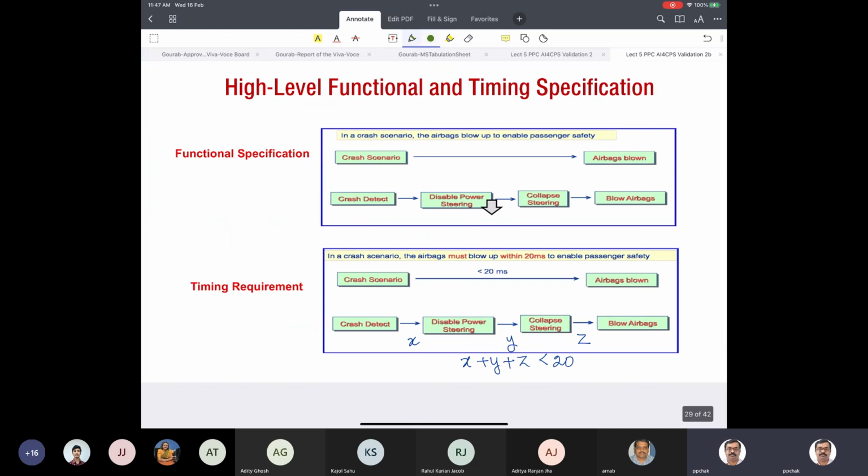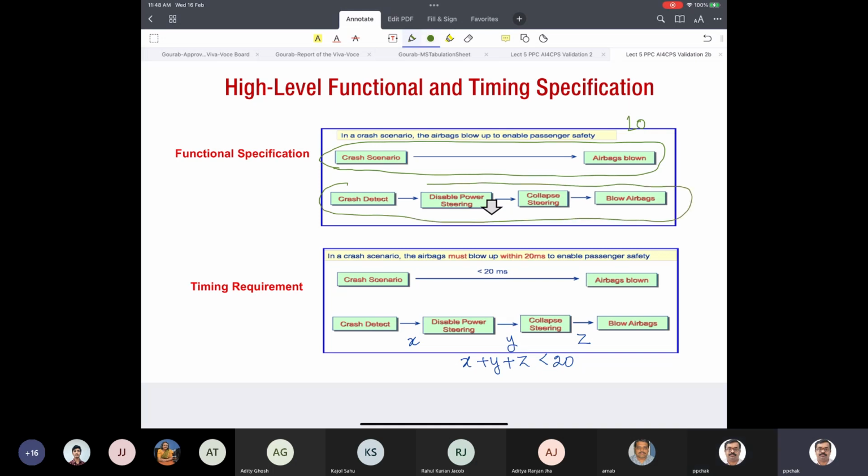Here is a specification of an airbag crash scenario. The high level specification L0 tells me that if it is a crash, then the airbags must blow. The L1 functional specification says to disable the power steering, collapse the steering, and then blow the airbags. Now, there will be an added timing specification to this.